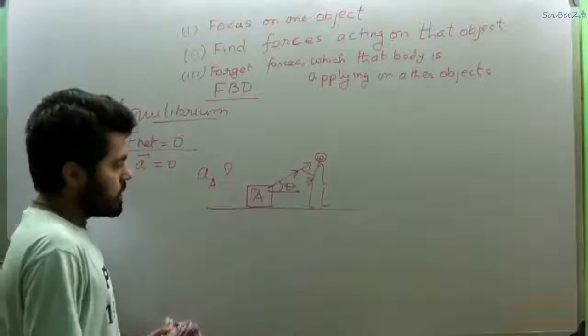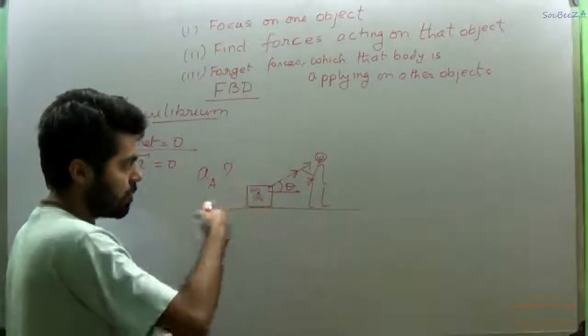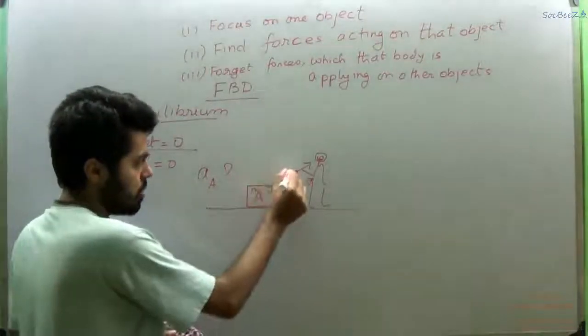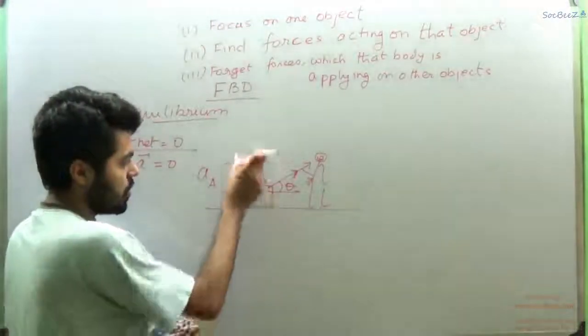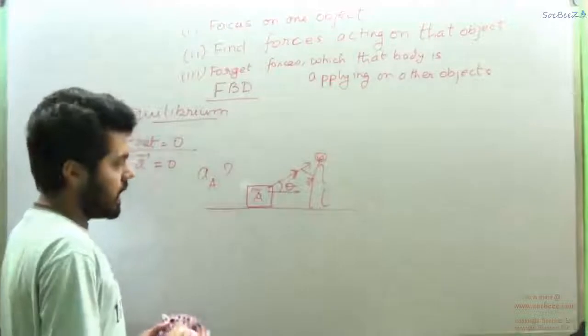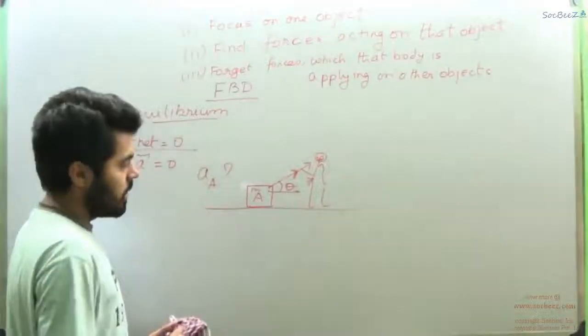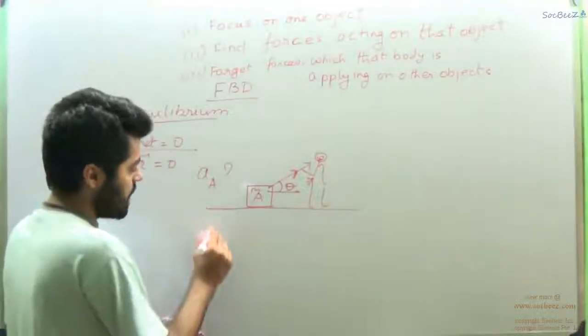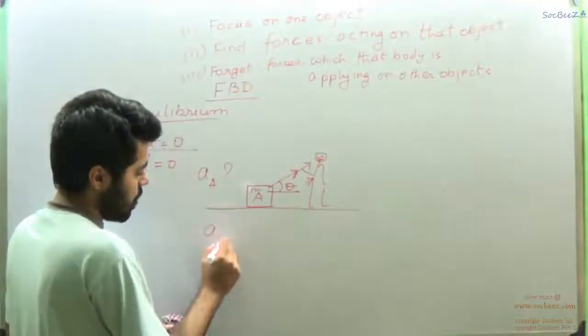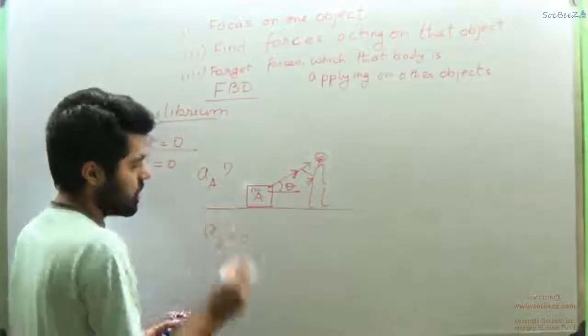One thing is pretty obvious: this is ground, and the man is pulling the object along this rope, this standard string. So object A is not going to lift up. It may, but it is given in the question that it's not going to lift up right now. So we will write directly that acceleration along y is going to be 0.